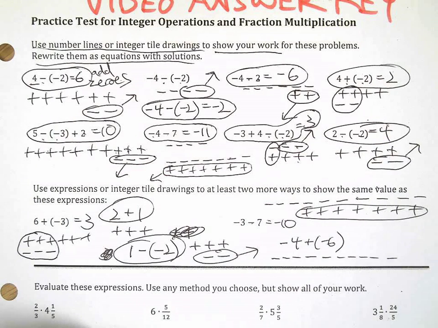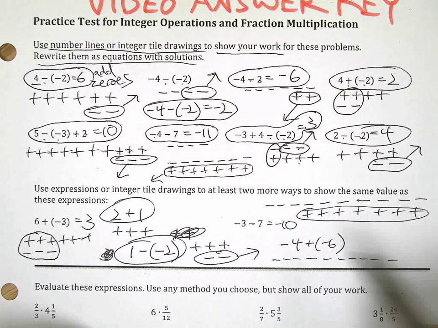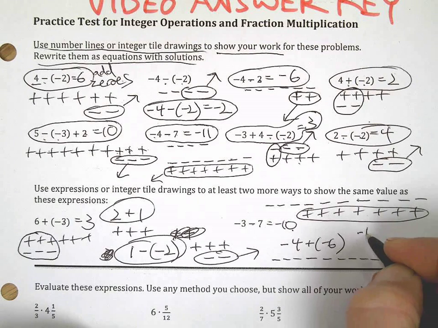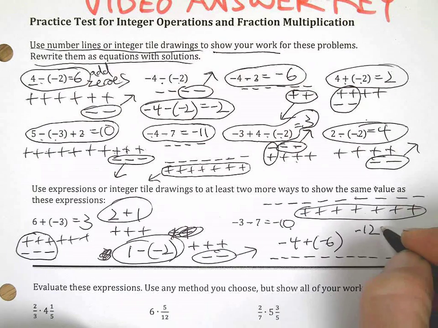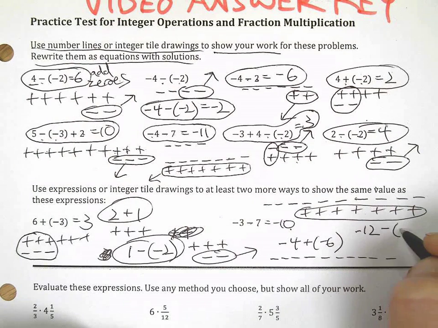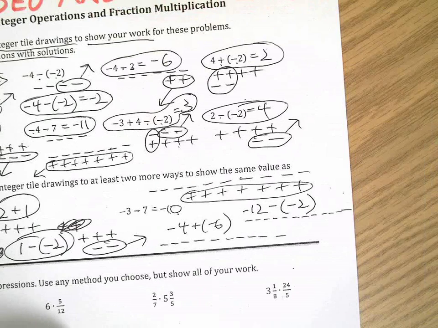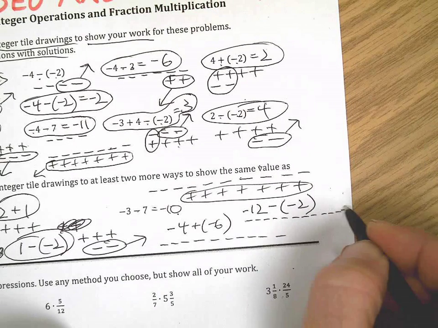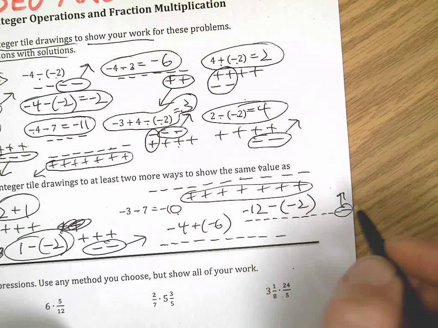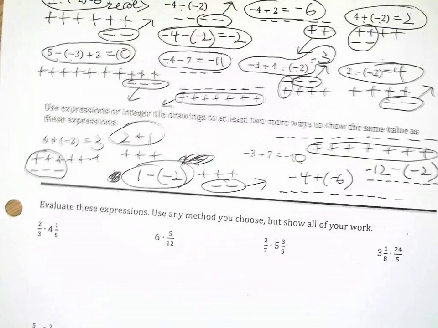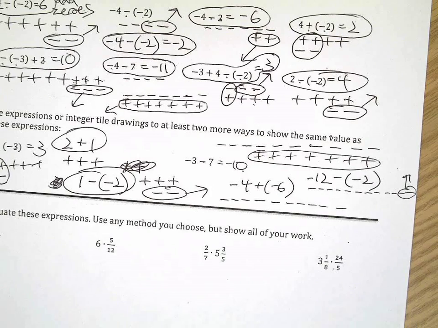There's 6 more. Done. Another way to find -10 is I could do -12, and then I could take away -2, right? 1, 2, 3, 4, 5, 6, 7, 8, 9, 10, 11, 12. Take away -2 equals -10. Good?